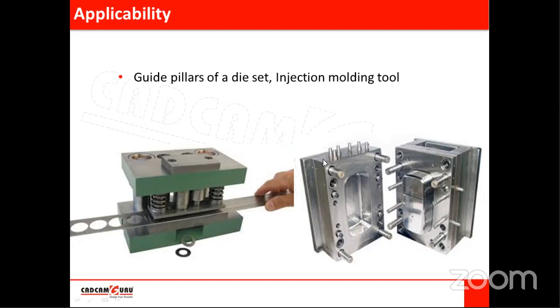There are four guide pillars and they will get aligned with this guide bush. This will get inserted in this, and these guide pillars and bush will ensure alignment of core and cavity. So we'll get a perfect product. These are the different requirements or applications for parallelism between two axes.